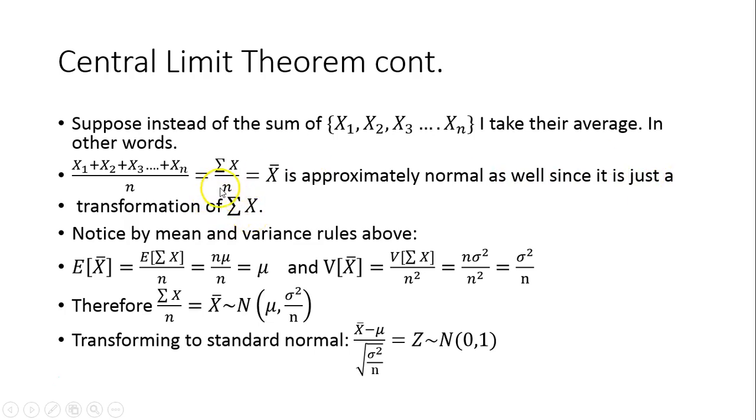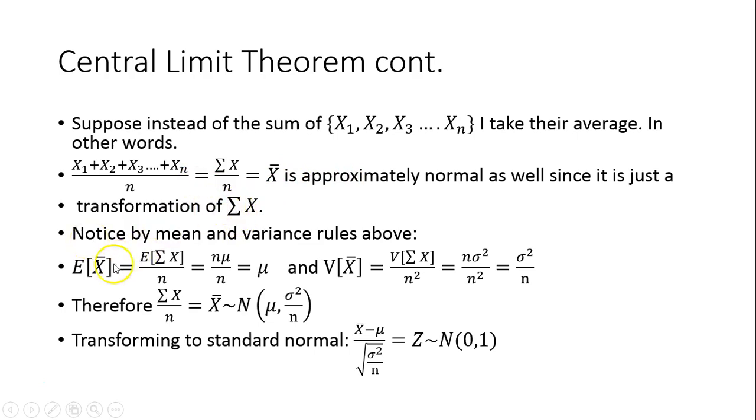And how do I transform it? I just divide by a number, in this case n. And you remember those transformations. If I divide a normal by a number, it's still normal, but a tighter normal, if you remember.